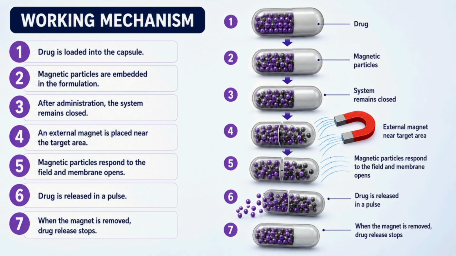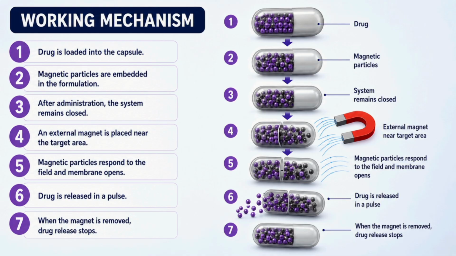An external magnet is placed near the target organ. The magnetic particles respond immediately and the membrane opens. The drug comes out rapidly. Once the magnet is removed, the drug release stops. This is why it is called on-off drug delivery.